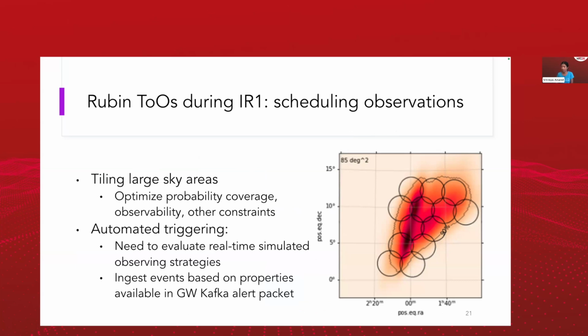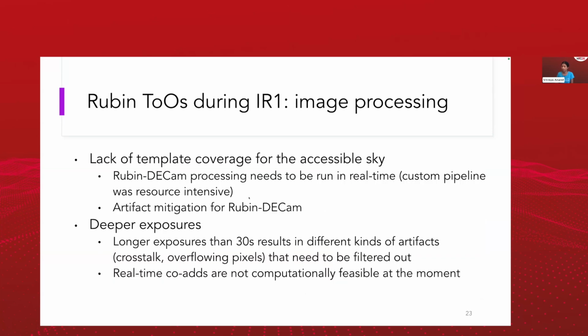So the first challenge here is actually being able to schedule observations in large sky maps, optimizing probability coverage, observability, and other constraints, and streamlining our automated triggering. A second challenge here, which I think is one of the most significant challenges, is lack of template coverage during IR1.